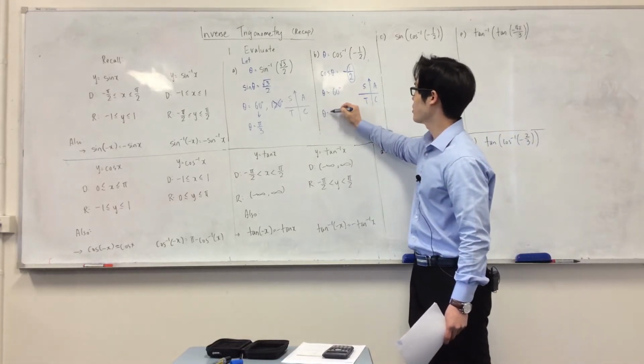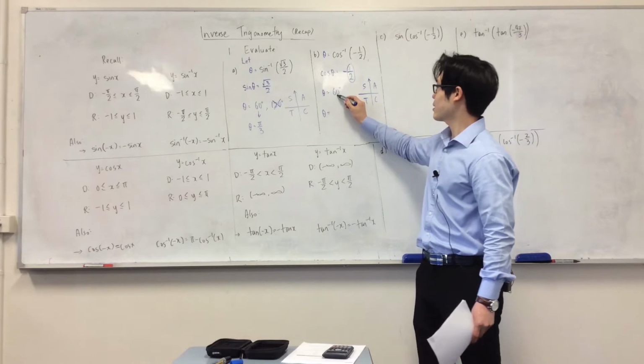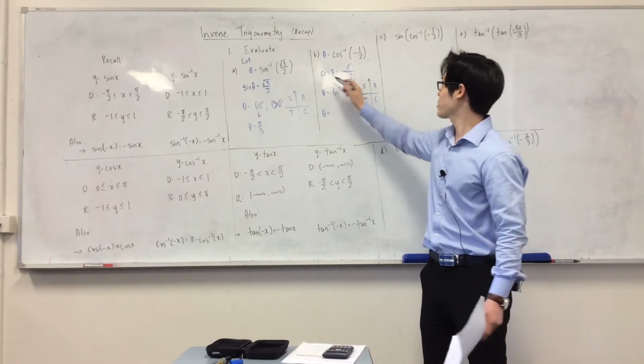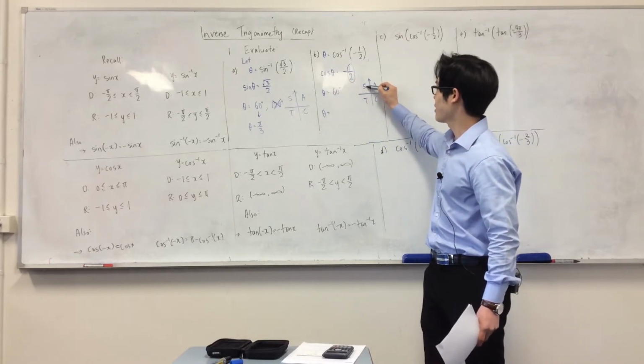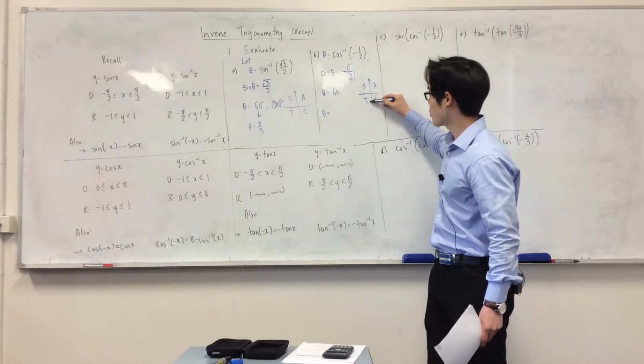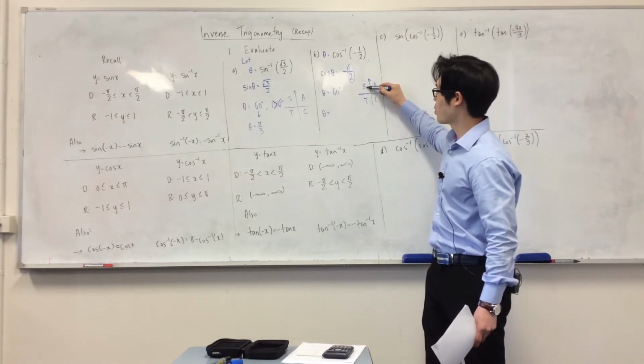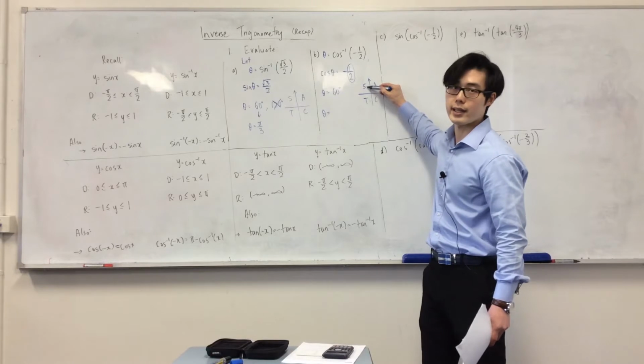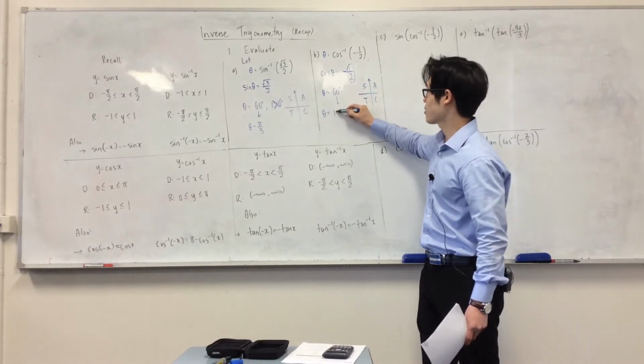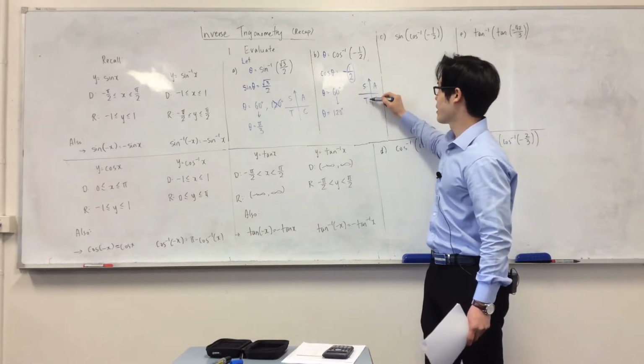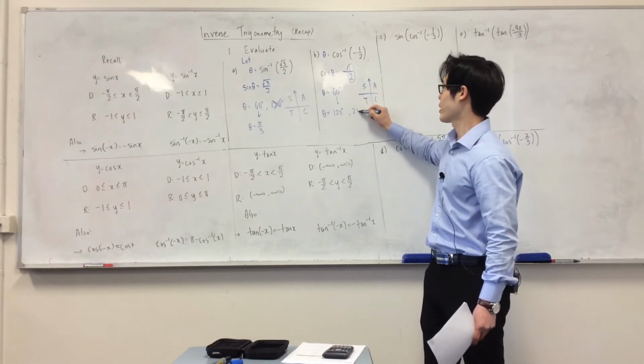So the angles related to 60, and it's negative for cos, are in the second and the third quadrant. For the second quadrant, the angle would be 180 take away 60, which is 120. And the third angle would be 180 plus 60, that's 240.